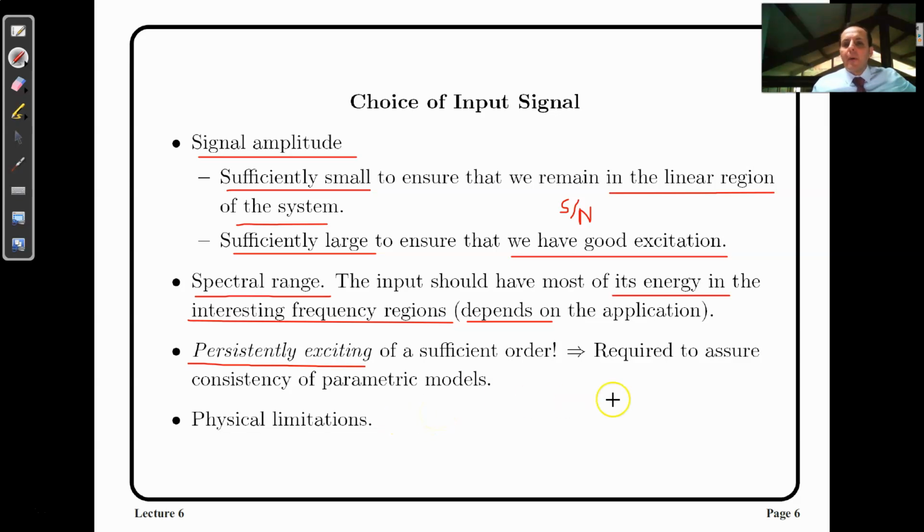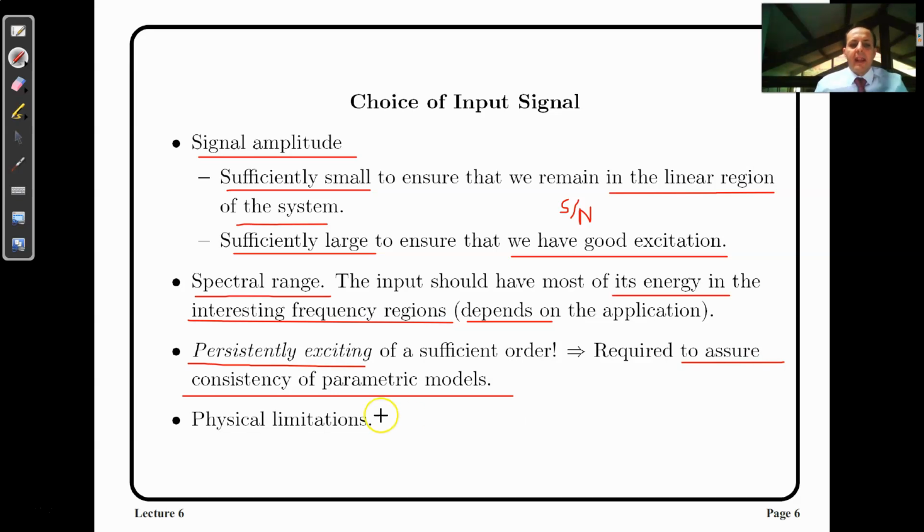This is normally required, of course, as a theoretical consideration, to guarantee the consistency and also the good physical or statistical properties of your estimations.